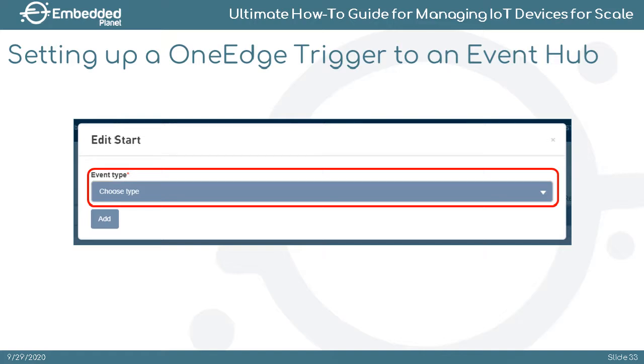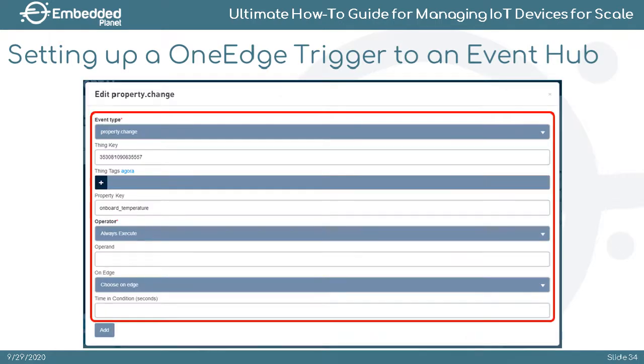So you pick the event type, and there is a whole bunch of different types of events. But for this example, I picked property change. I'm using the temperature change as the catalyst for this event. So you just fill in the information, very easy to follow.